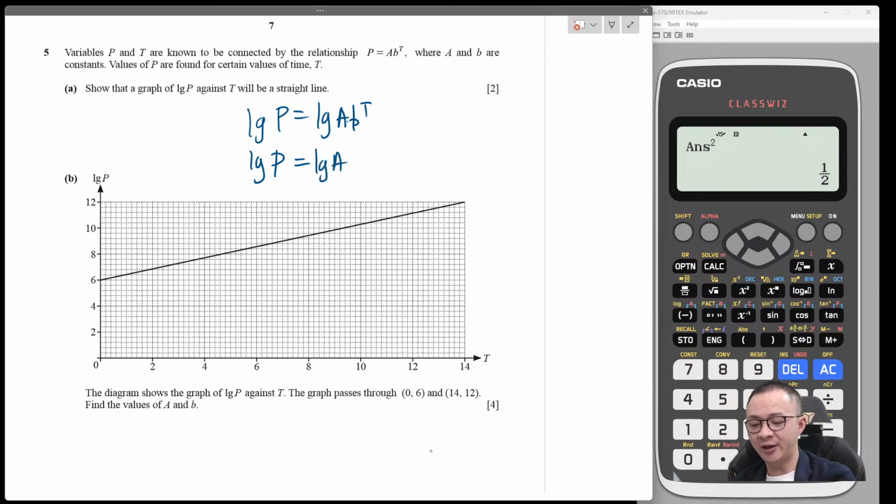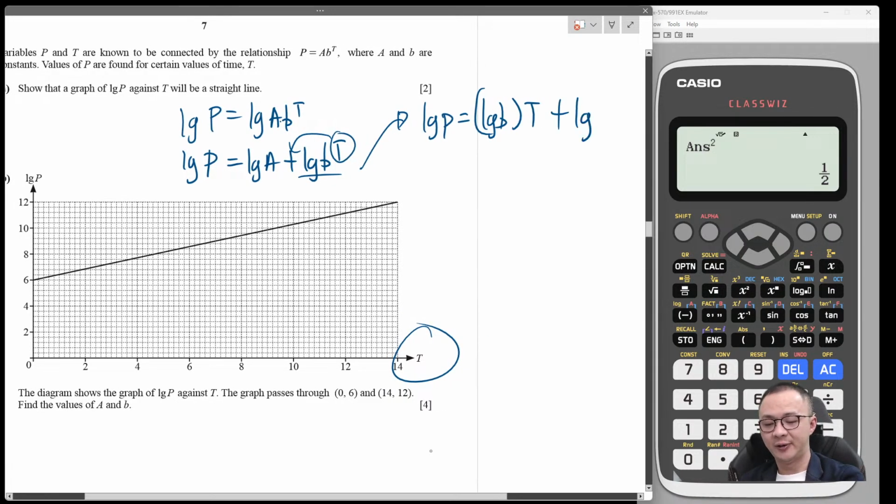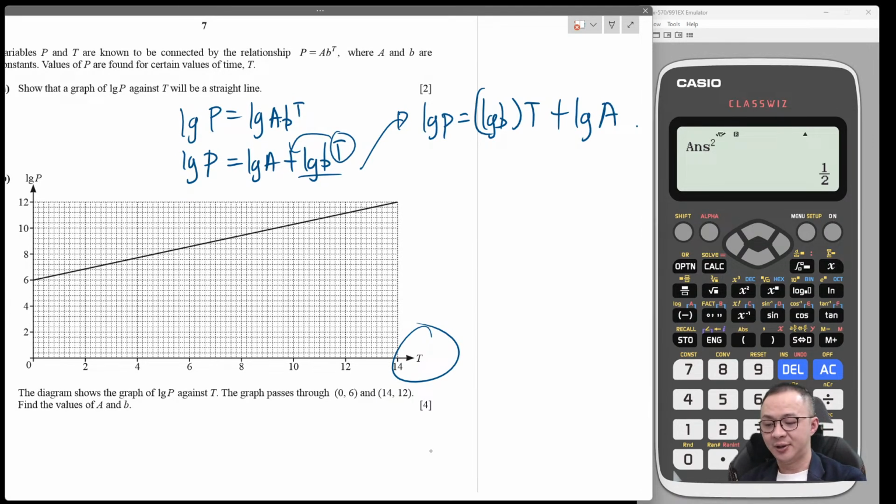So I get log a plus log b^t. Since this is over the t axis, I will bring the t to the front. I know my log b will be the gradient of t. So I should get log p equals log b times t plus log a. Done. So this one will be linear, right? Yeah, so I write shown.